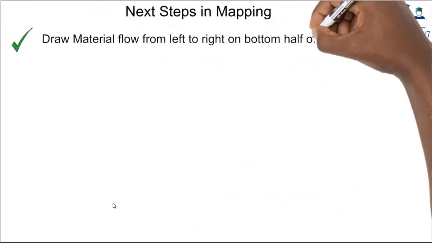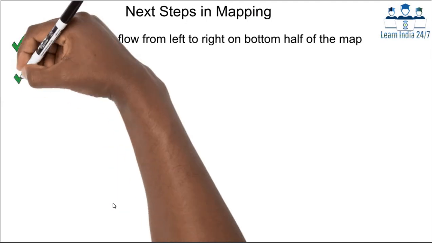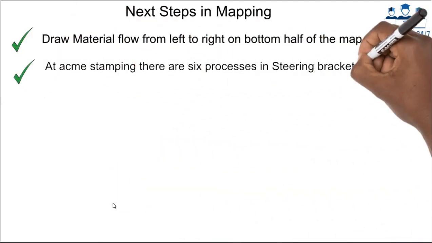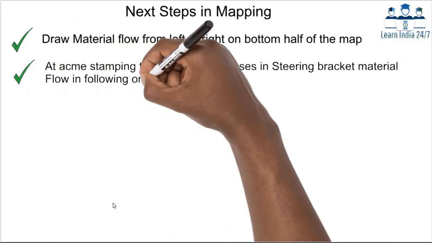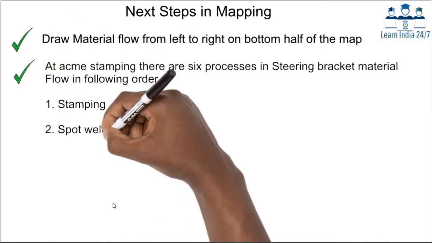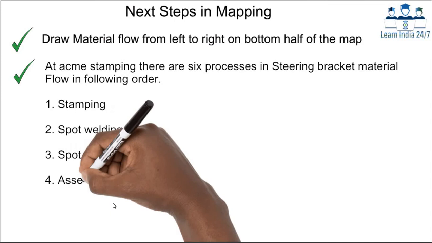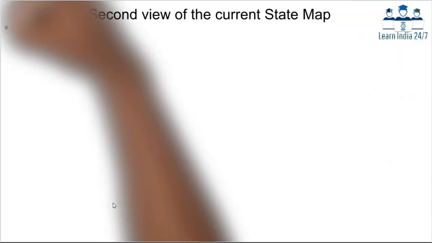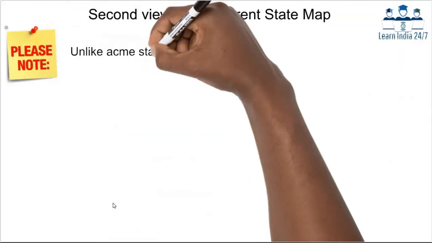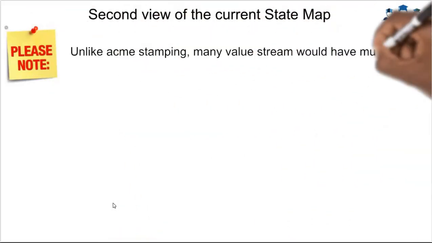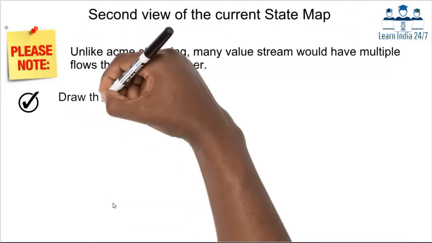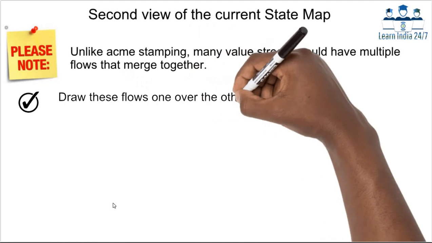Always draw material flow from left to right on the bottom half of the map. In this case of Acme stamping, there are processes in the steering bracket material flow. Unlike Acme stamping, many value streams will have multiple flows that merge together.